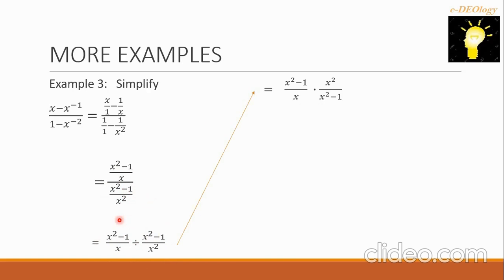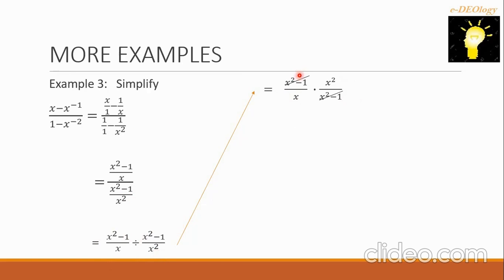The first fraction we will simply copy, and the second fraction we're going to flip, such that the x squared down here becomes the numerator now, and the x squared minus 1 is the denominator.